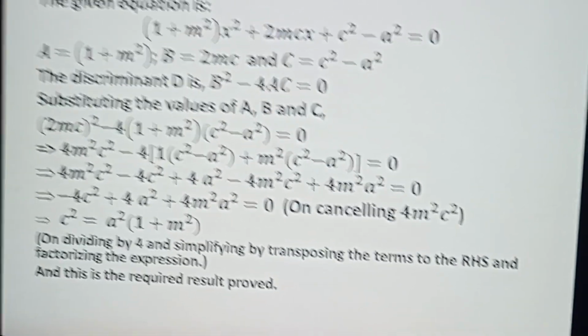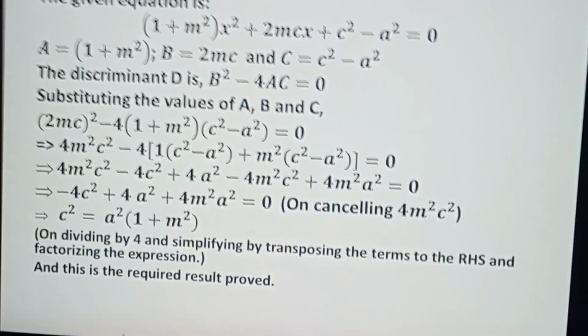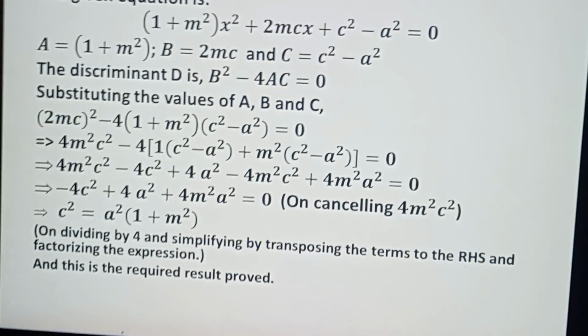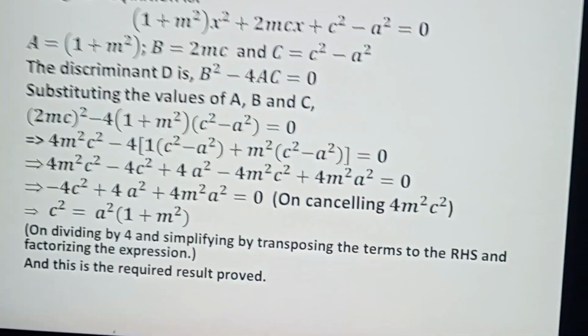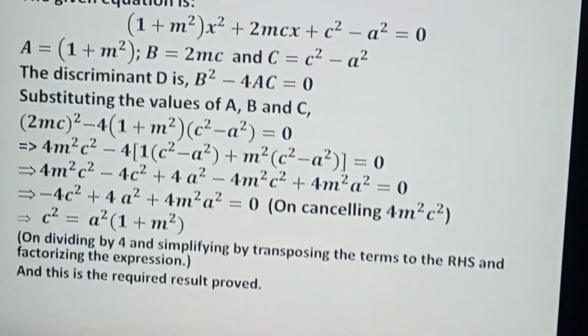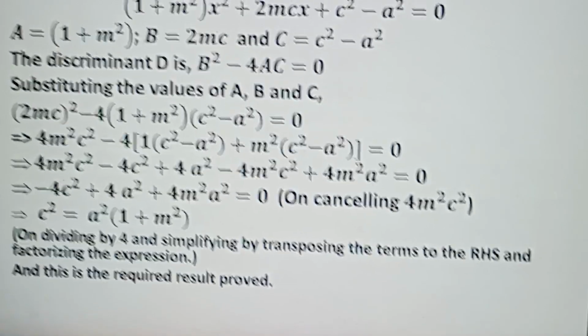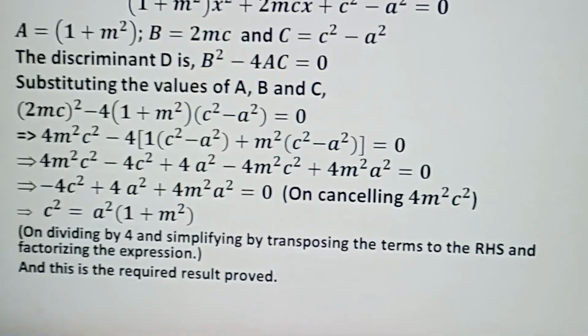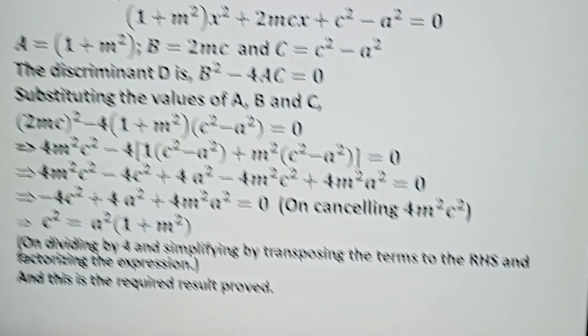4 m squared c squared minus, we go through inside, we just multiply that 4 inside, 4c squared. Now the sign changes, as you can see, there is a minus before the brackets. So when you remove the brackets, that minus into minus becomes plus.